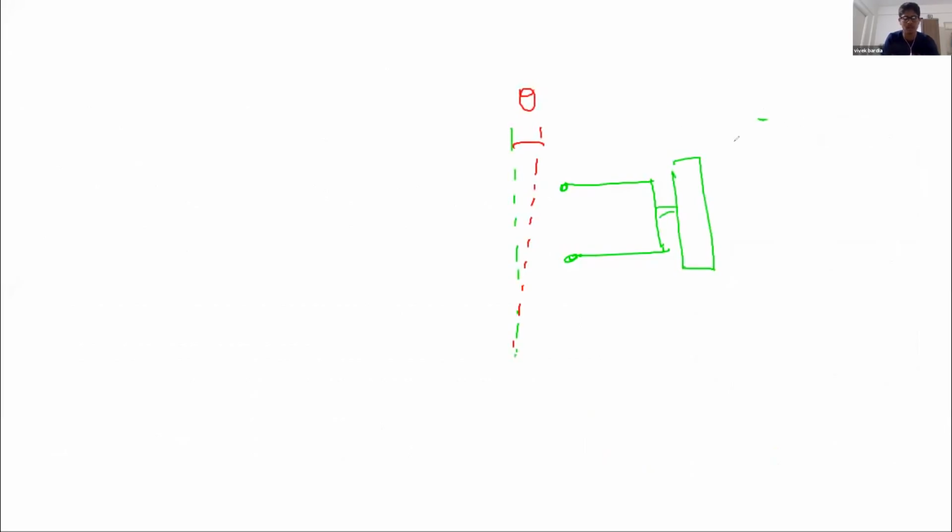I've given an exact value over there, 4 degrees, right? And I would like to see what the camber value is. So what happens over here? Say this is theta, and this length is A, and this length is B.